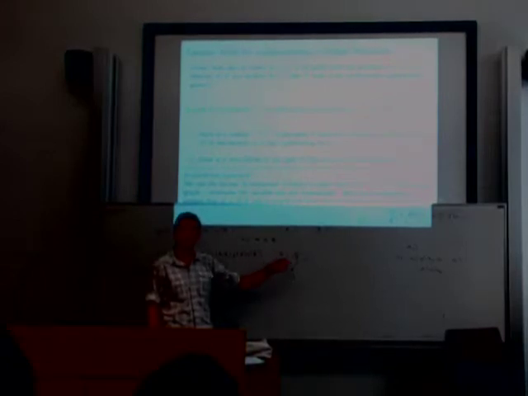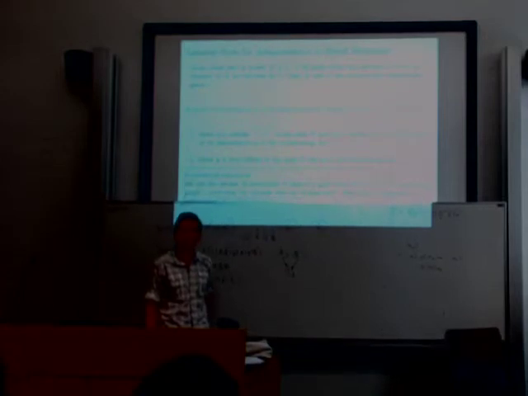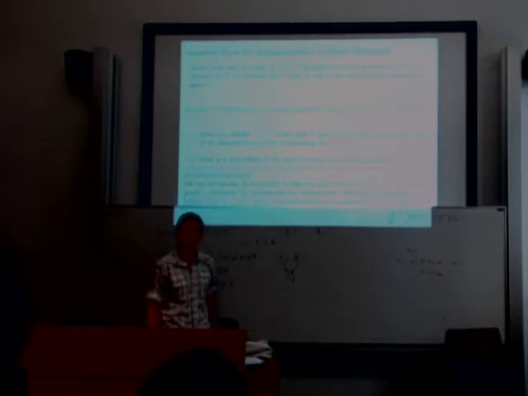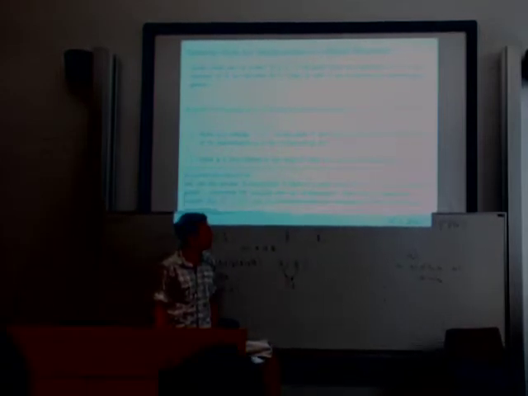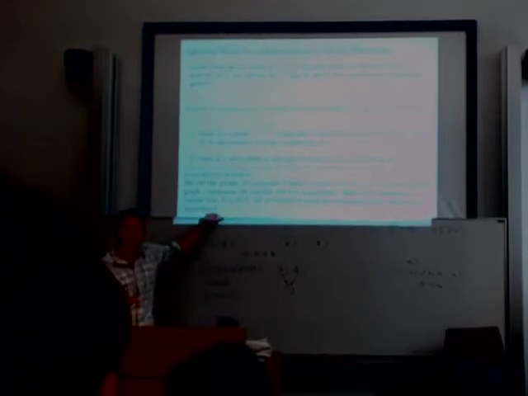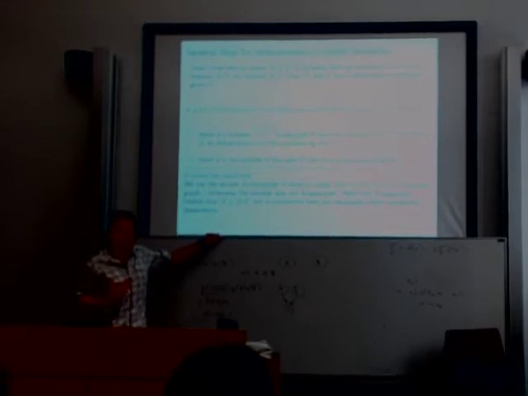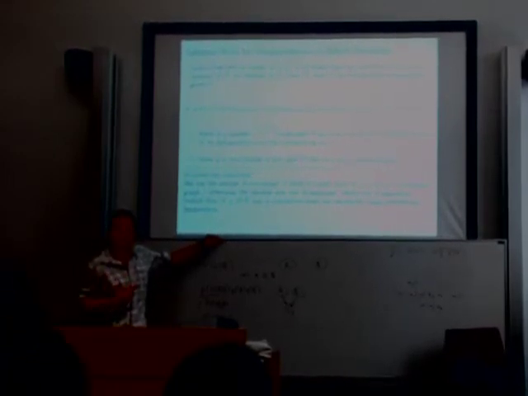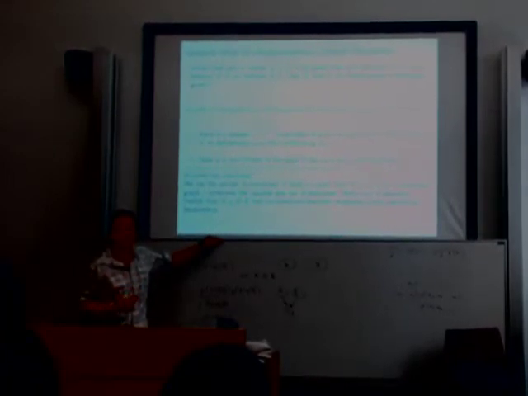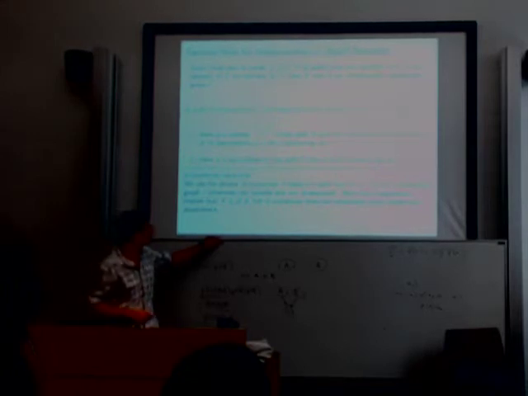D-separation implies independence; d-connection does not imply dependence. This is a slightly subtle thing. Do you get the point a little bit? It's a little bit unfortunate, but these are basic, fundamental, important considerations in the representation of probability distributions when we think about graphs. So what is the meaning of this?